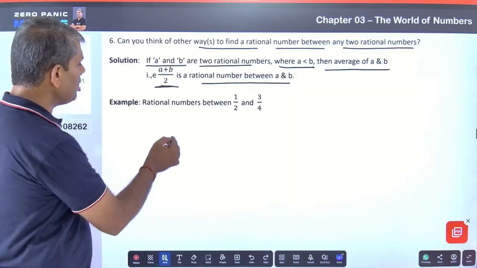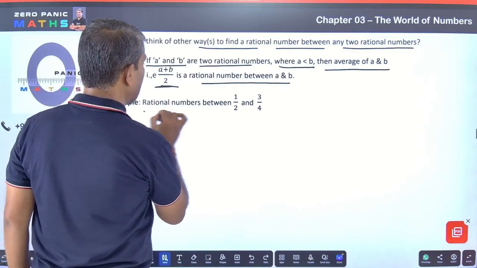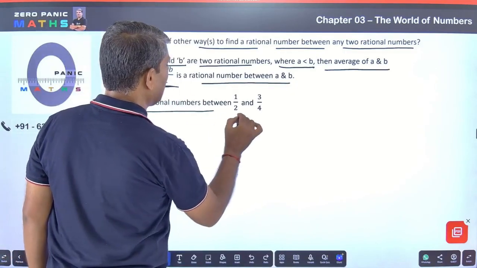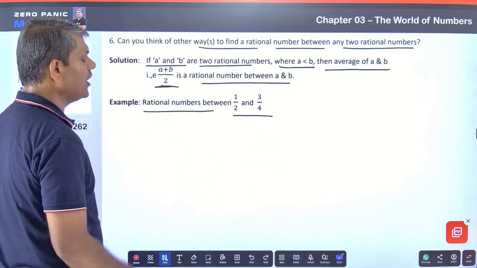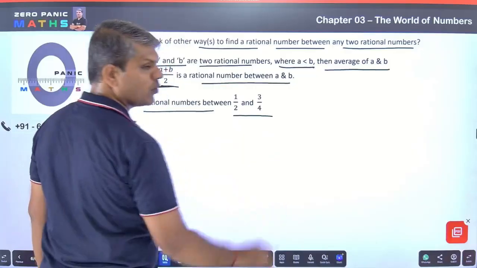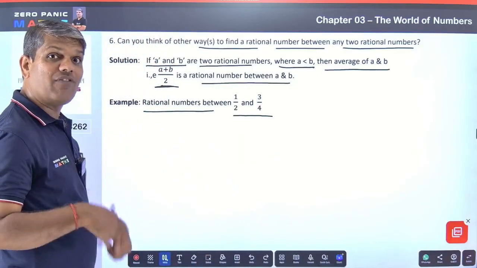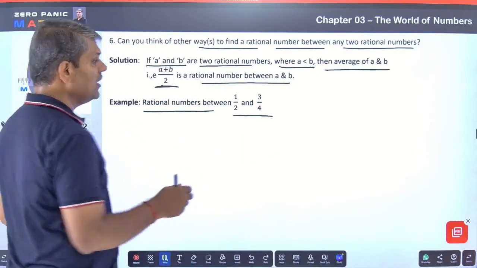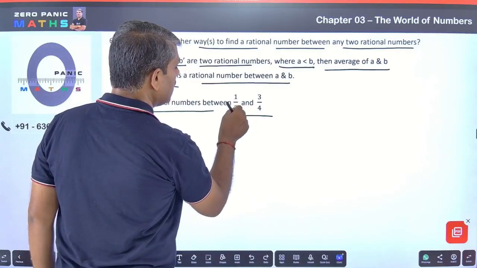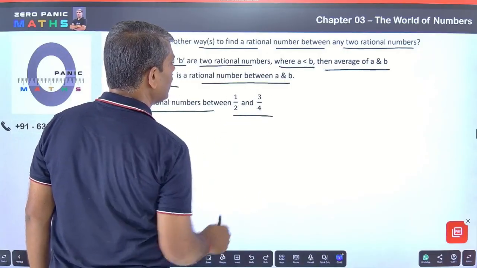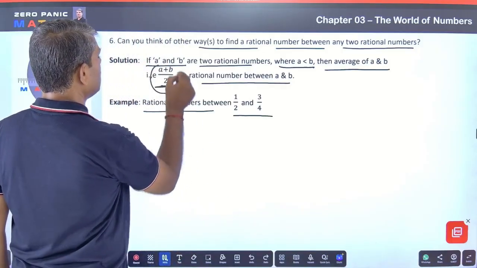Let me take the example of rational numbers that lie between half and 3 by 4. I can find a fraction that lies exactly between 1 by 2 and 3 by 4. How? This formula.